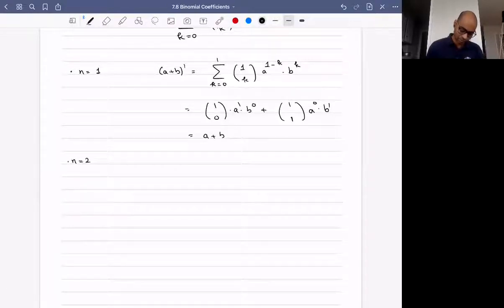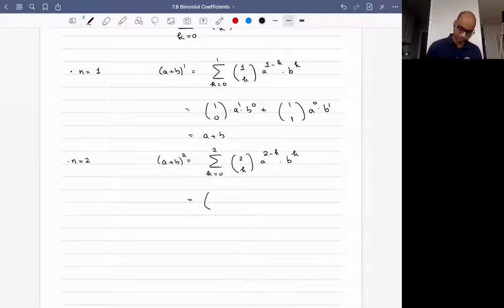When you go to n equals 2, you get (a+b)^2 is the summation k equals 0 to 2 of 2 choose k, a to the 2 minus k, b to the k, and that then is 2 choose 0 times a squared plus 2 choose 1 times a times b plus 2 choose 2 times a to the 0 times b squared.